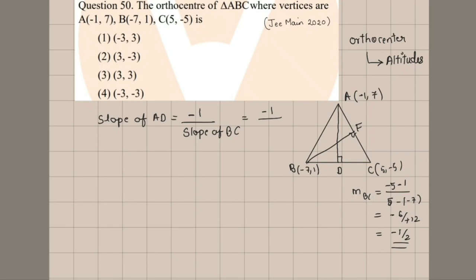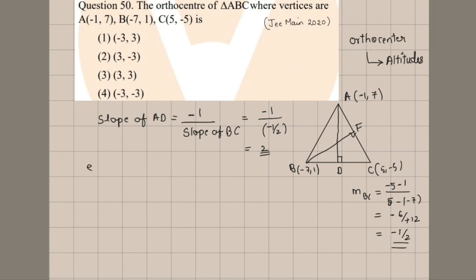See, the slope of a line when 2 points are given is (y2 minus y1) by (x2 minus x1). We also discussed this in lecture 2 of straight lines. So slope of AD will be minus 1 over minus 1 by 2, which gives 2. Slope of AD is 2.